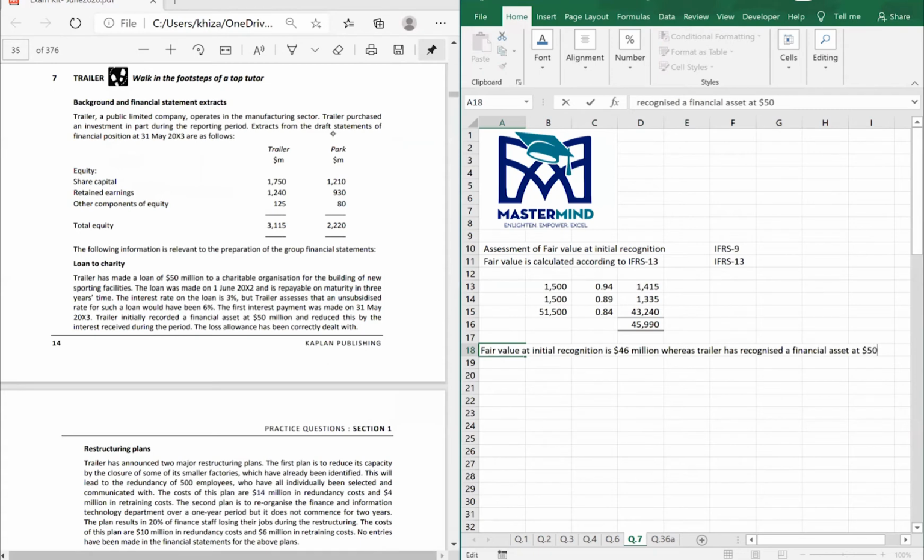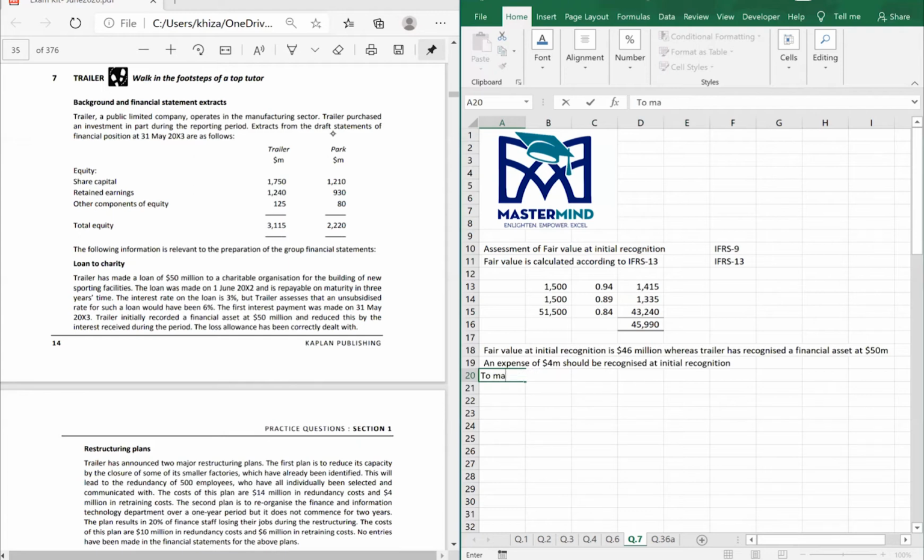At 50 million, a loss, or you can say an expense, of $4 million should be recognized at initial recognition to make an adjustment.